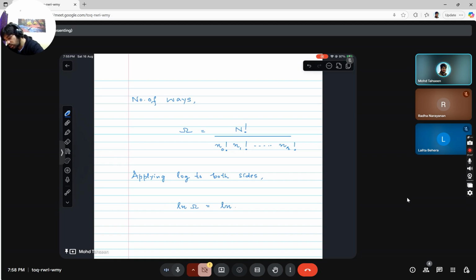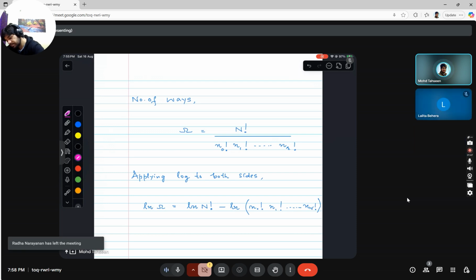So this will be log n factorial minus the natural log of n0 factorial, n1 factorial, so on up to nr factorial. I have used here the condition that log of a by b is equal to log a minus log b.